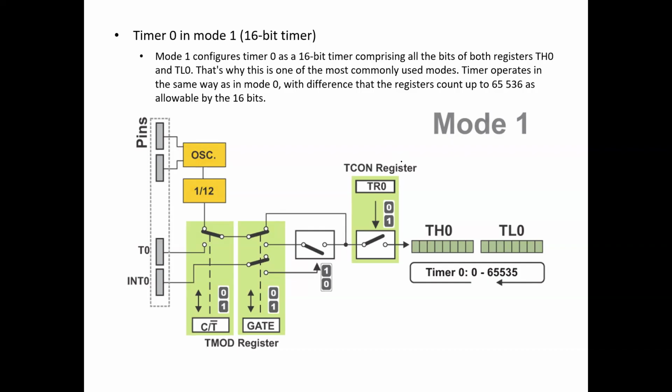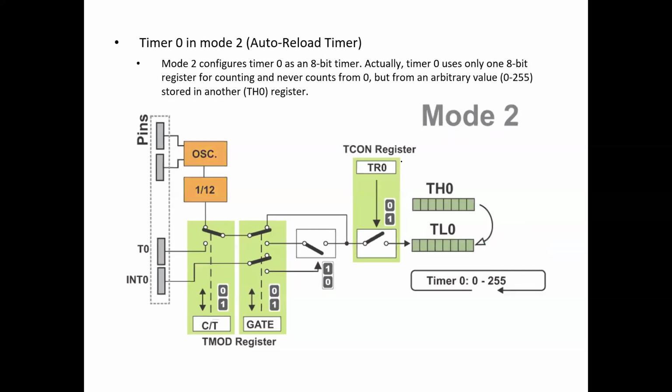The timer operates in the same way as in mode 0, with the difference that the registers count up to 65,536, as allowed by the 16 bits.